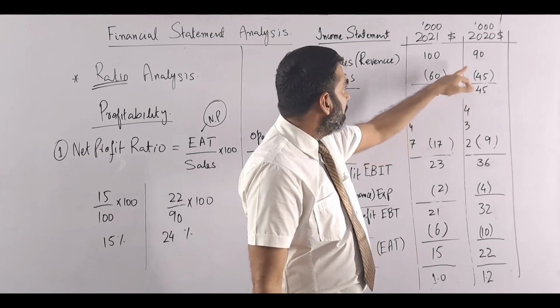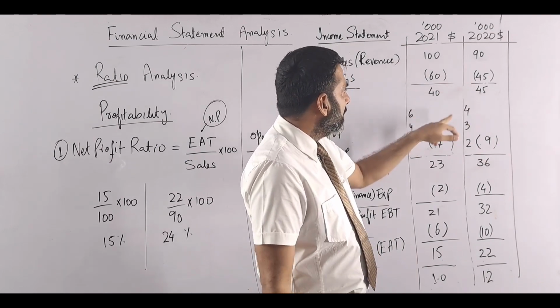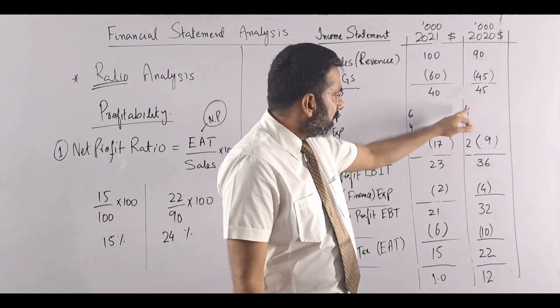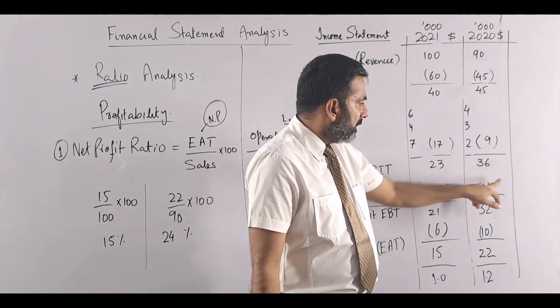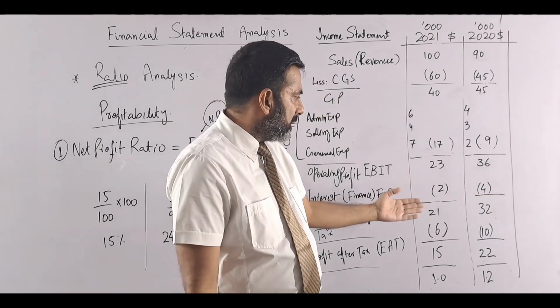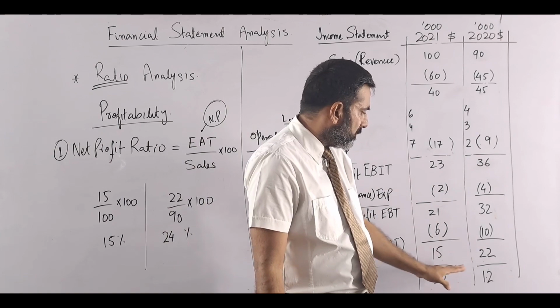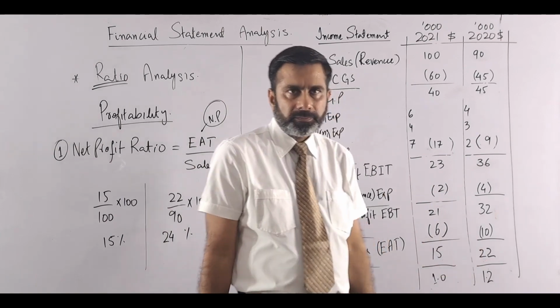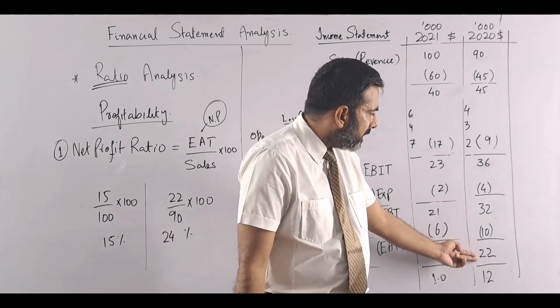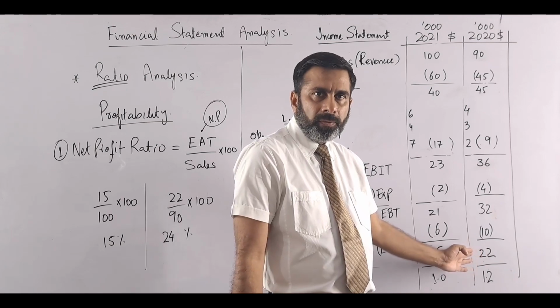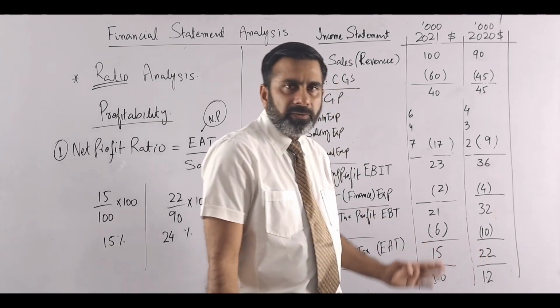So we have 45 as the cost of sale, then we have a gross profit, other expenses are there, we have a finance cost or the interest expenses, we have a taxation also, and the net profit. The net profit this year is 15, and here it is 22.